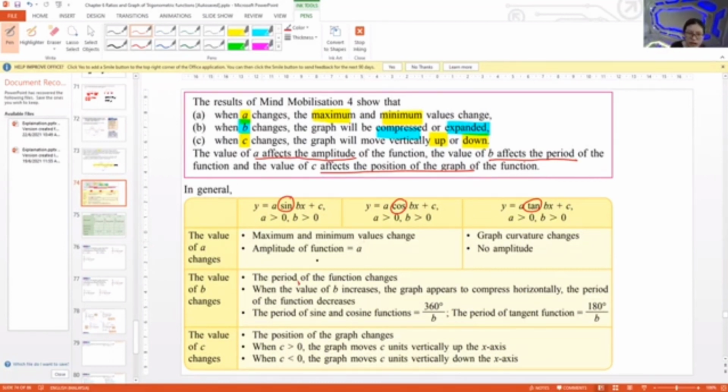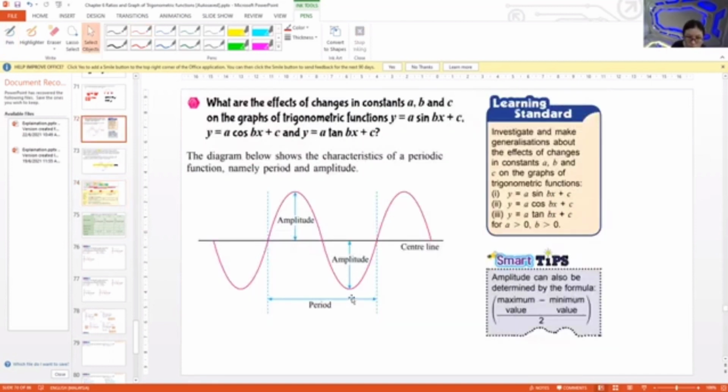Okay, so now we go to the value of A changes. Value of A changes, you see it is separated into 2 parts. Okay, the first part is for sine and cosine only, where the maximum and minimum value changes. So the amplitude of A also will be determined. Okay, amplitude is what we said just now, amplitude is go up or go down, right?